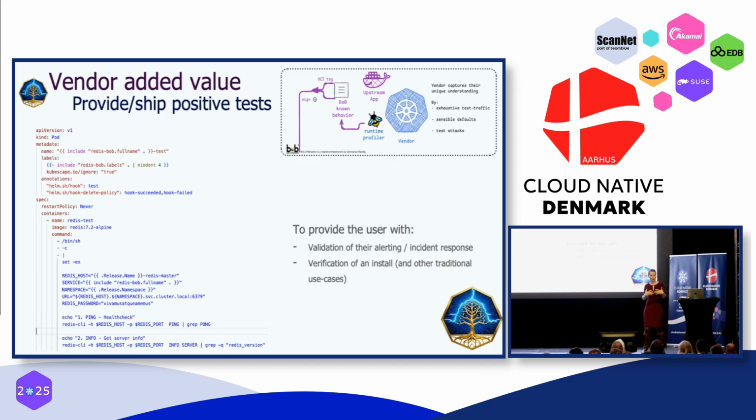The first thing is that we run the benign behavior, meaning what we functionally expect our users, with certain amounts of creativity or fuzzing, to do with the software, so that we trigger network connections, and we trigger the syscalls, the file opens, and so on. And this gives the user on the other side a validation that the alerting and even the incident response would work, right? And we could also simply verify on install.